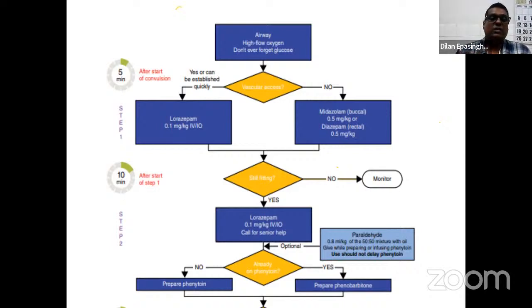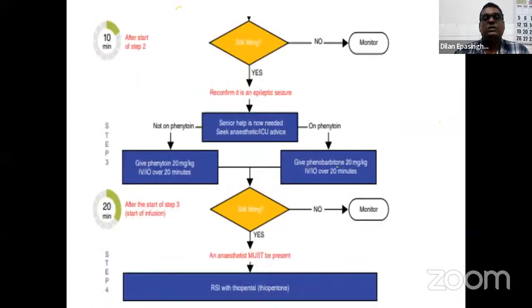After about 10 minutes, you can give the second dose of lorazepam. If there is no response, you can go for second-line treatment: either levetiracetam, which we use nowadays, or phenytoin and phenobarbital, which are also used. If not responding to levetiracetam, then you can start phenytoin.